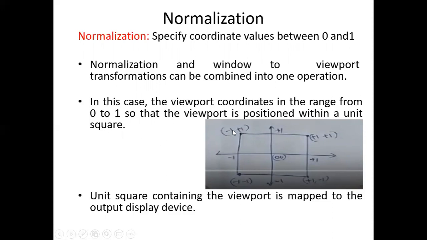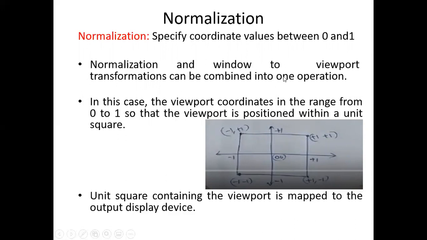In negative x and positive y, I will get -1 and +1. Like this, in different quadrants, I can select different points and connect these points so that I get my normalized window. So this is my normalization.